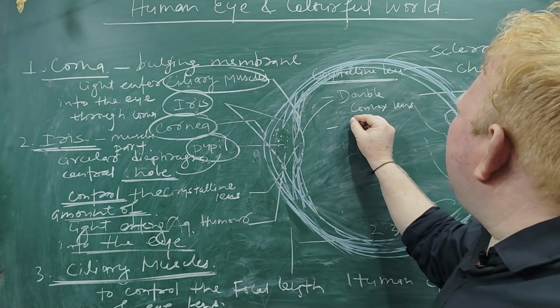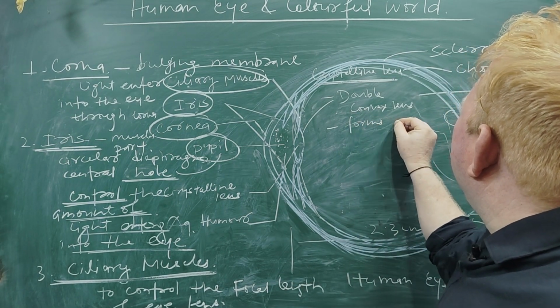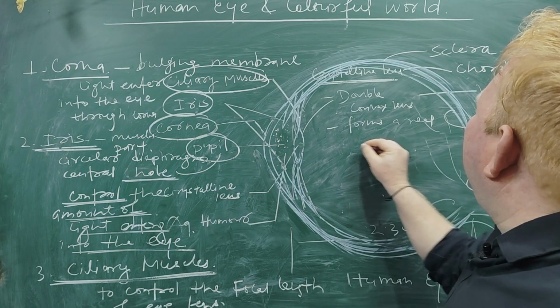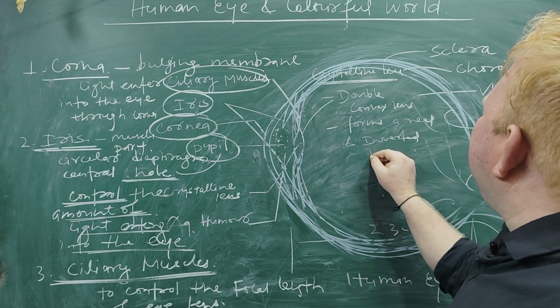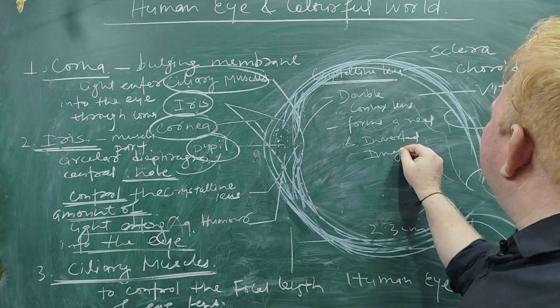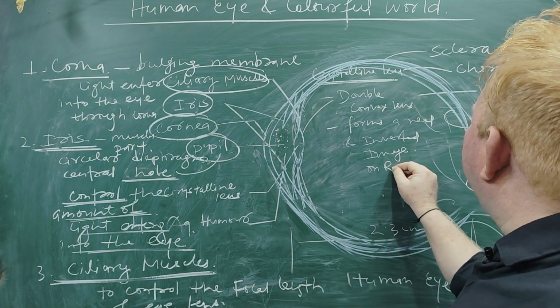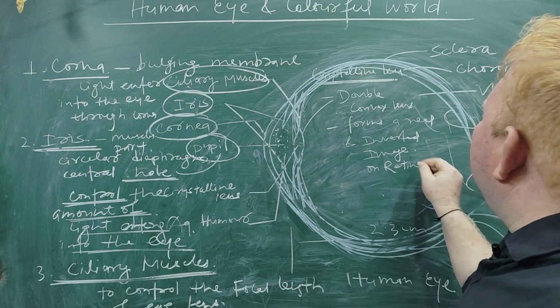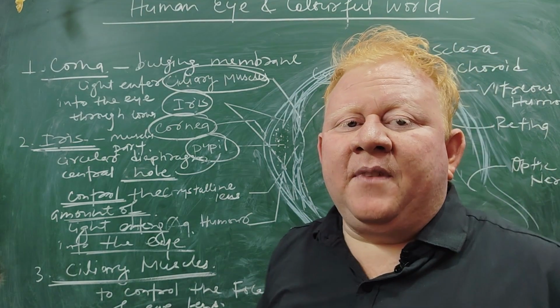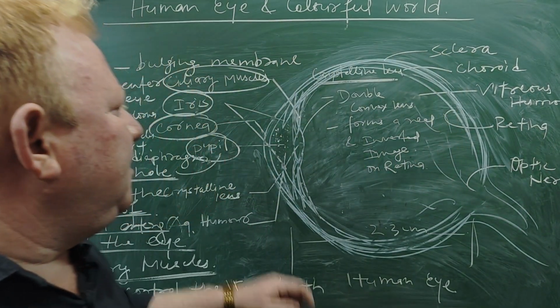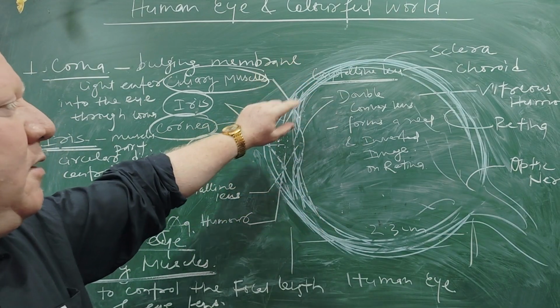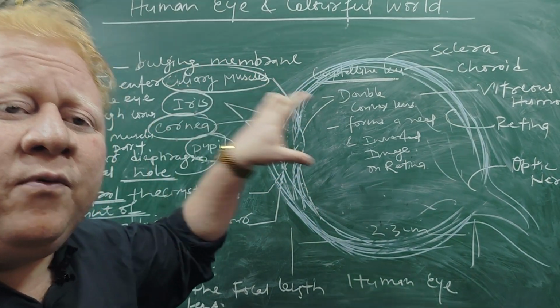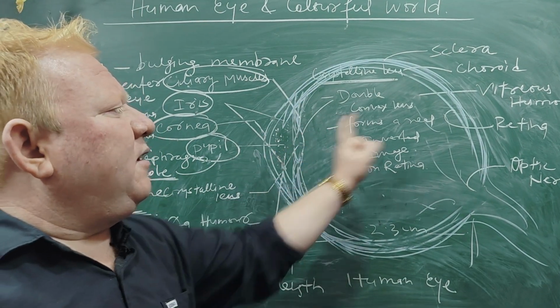It forms a real and inverted image on the retina. So this is the main function, children. What is the function of this eye lens in your eyeball? The main function is only to form a real and inverted image on the retina.